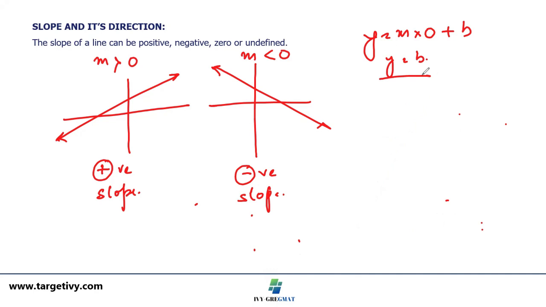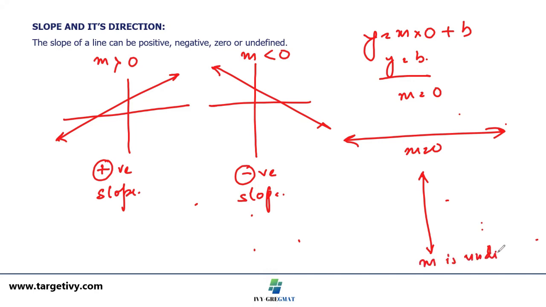If x is 0, then y becomes equal to b. Then m is equal to 0. If that is the case, the line will be like this, where m is equal to 0. If it's a vertical line, then m is undefined. These are the basic 4 types.